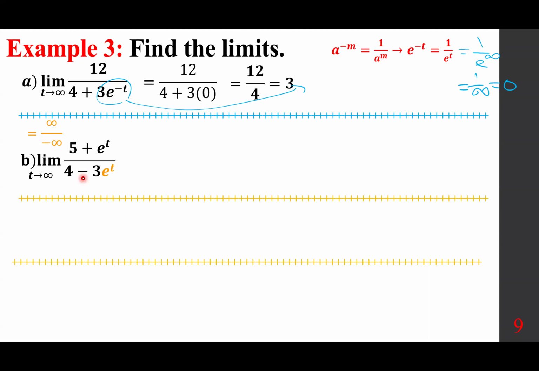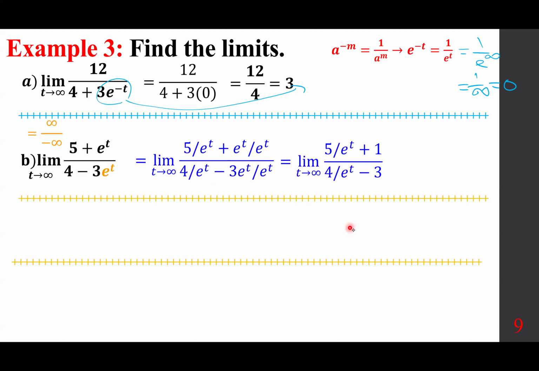They are called transcendental functions. But the technique is the same. Because t is approaching infinity, you divide by the highest value in the denominator, which is e to the power of t. And you simplify. This becomes 1, this becomes negative 3. The other two remain unchanged.